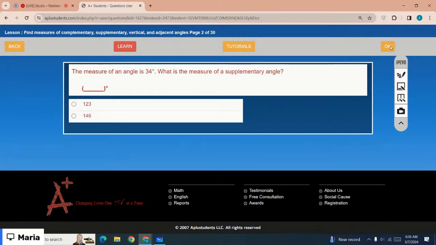The measure of an angle is 34 degrees. So what is the measure of supplementary angle?